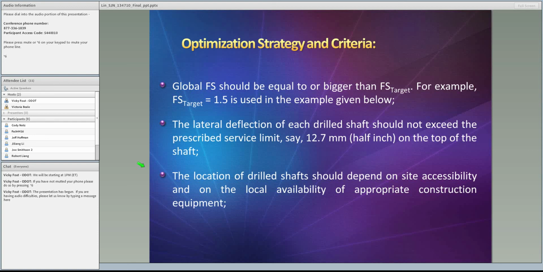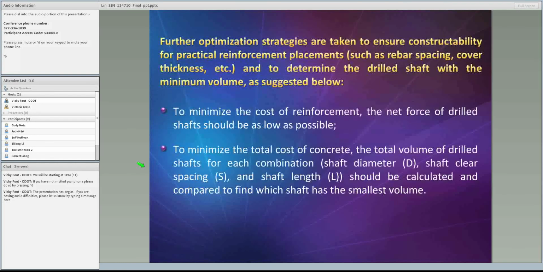Okay, the illustrative example here, and this example is an artificial slope. And these are the parameters here. This is a 6 layer slope. This is the result using one row of drill shaft to calculate the design result.